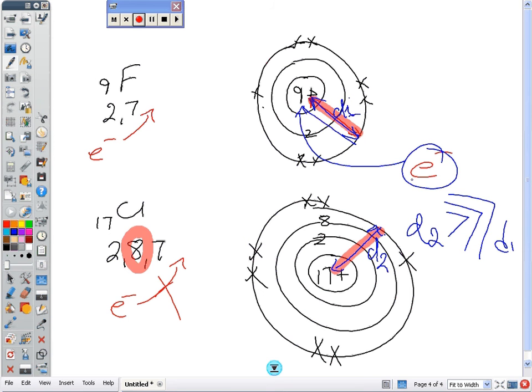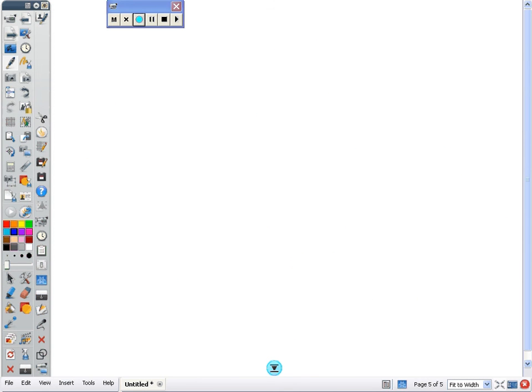Okay, so that is the explanation for the relative reactivities of fluorine and chlorine, and the same applies then to bromine. If you were to go further down, if I look at bromine, despite the fact that it has 35 positive charges in its nucleus, its outer shell is really far away from the nucleus.